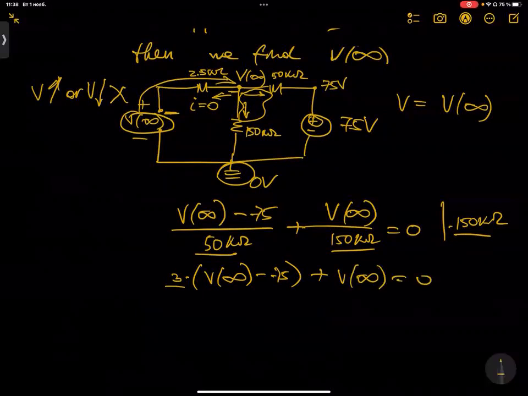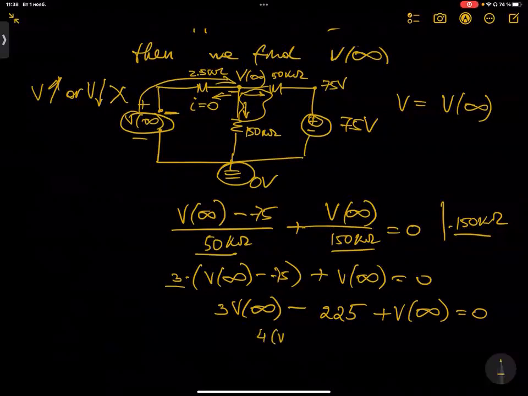So what we can find is 3V infinite minus... let me think right now.